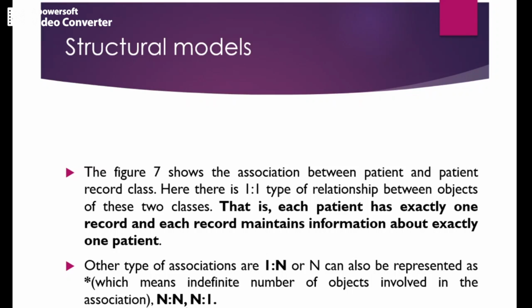Then n:n, many to many, and n:1, many to one. So these are the different types of associations: 1:1, 1:n, n:n, n:1. You have to decide what type of association it is.